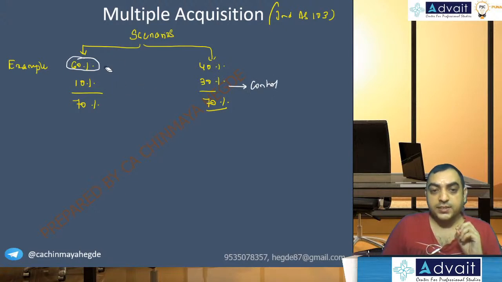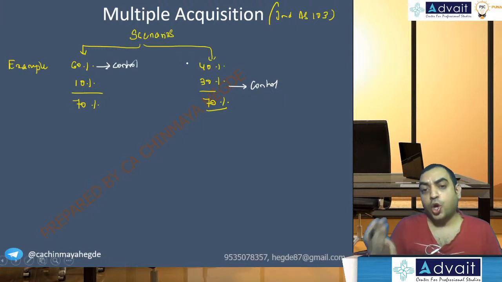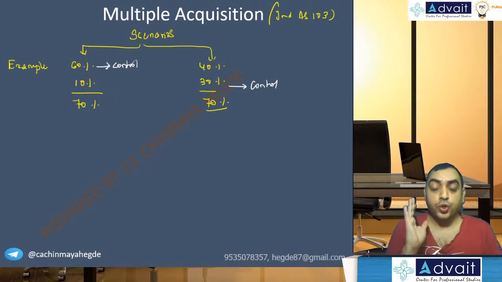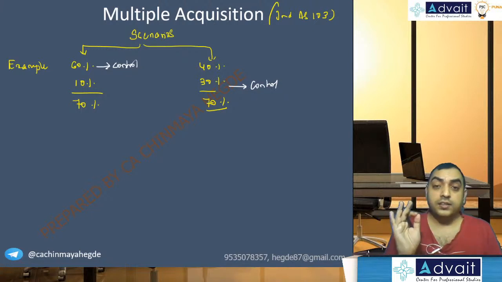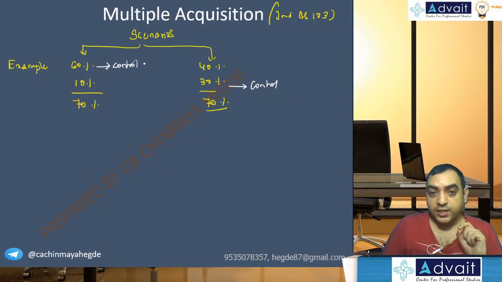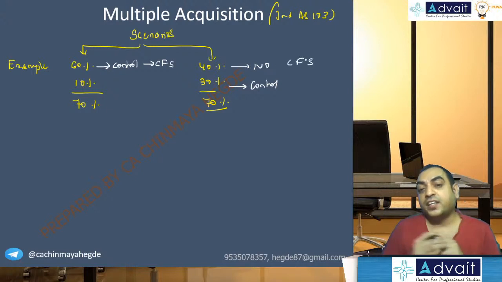So in the first case, in the first acquisition itself, you got the control, and in the second case you got it in the second percentage. Only from the point you got the control does consolidation apply. Consolidation starts at 60% itself, but when you acquire 40%, there is no consolidated financial statement.